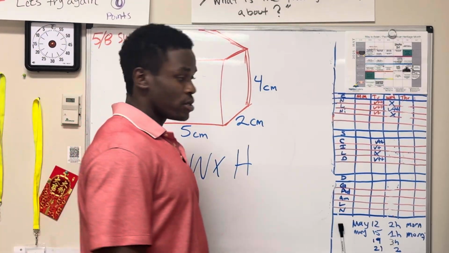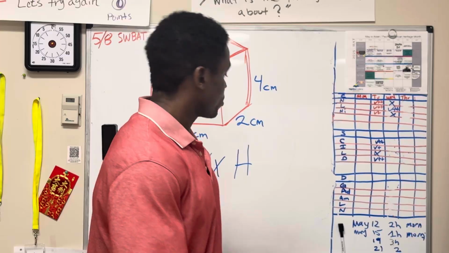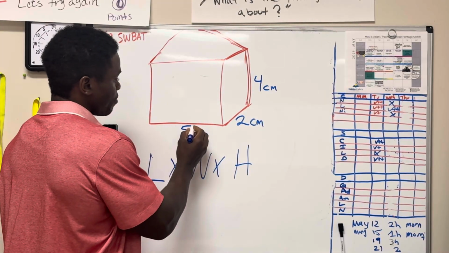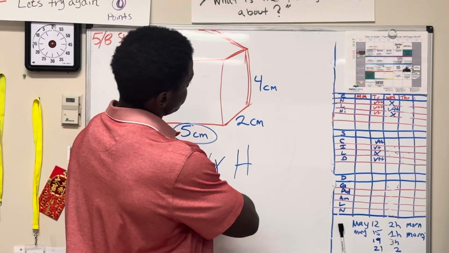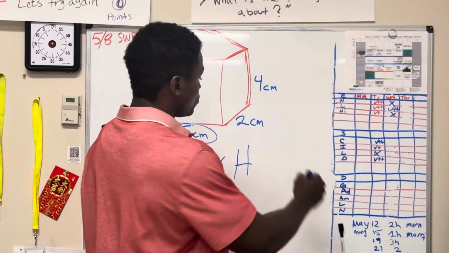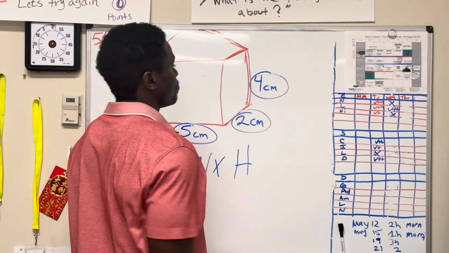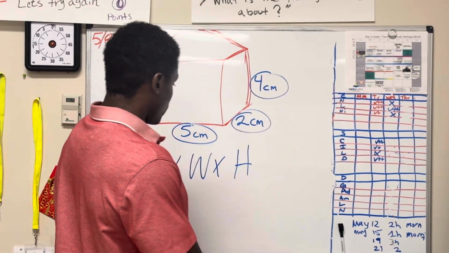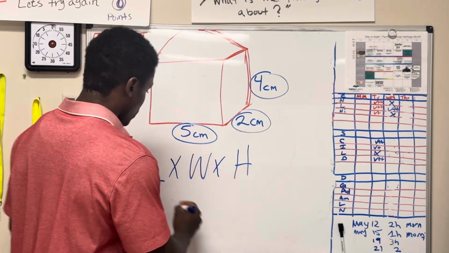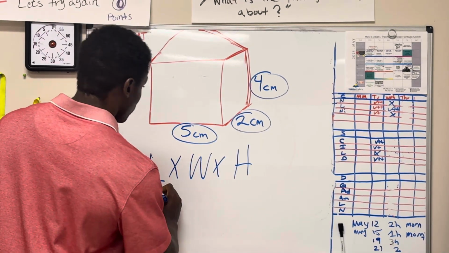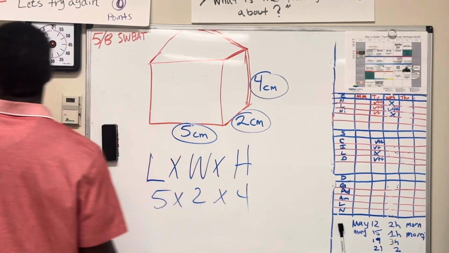Length can be found usually at the base of the shape. So here we have the length of 5 centimeters, then we have the width of 2 centimeters, and then we have the height of 4 centimeters. And my formula already tells me exactly what to do. So I just plug in what I know and go ahead and do 5 times 2 times 4.